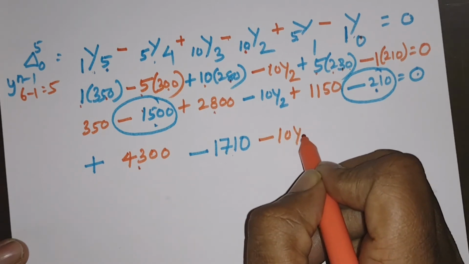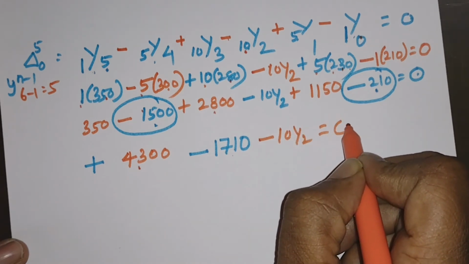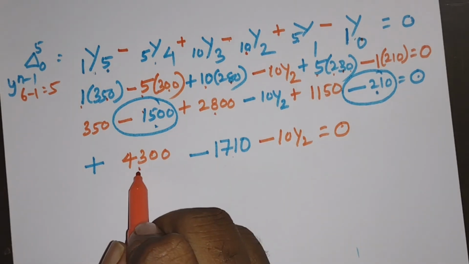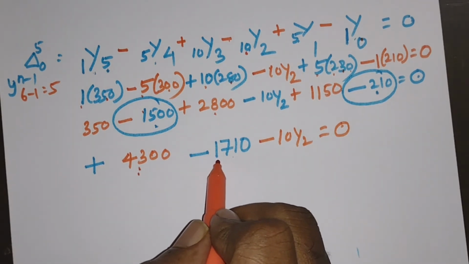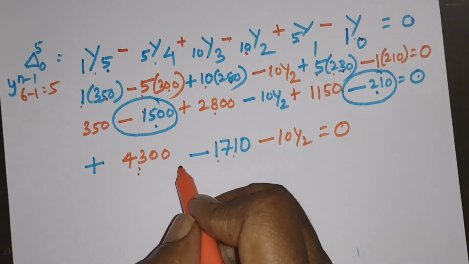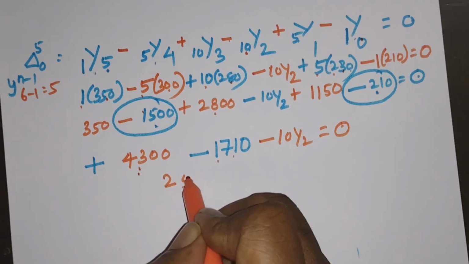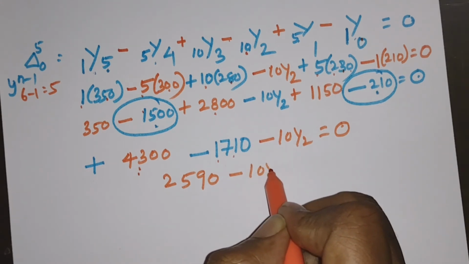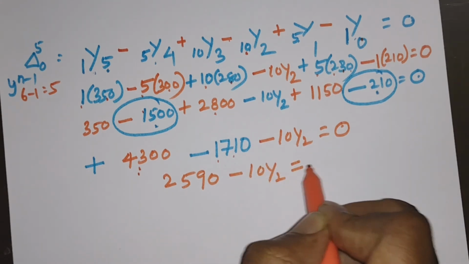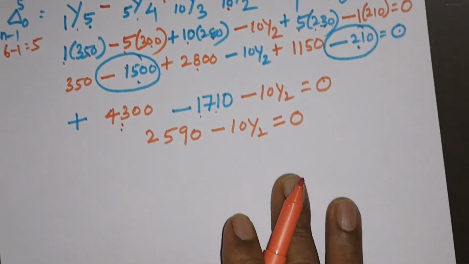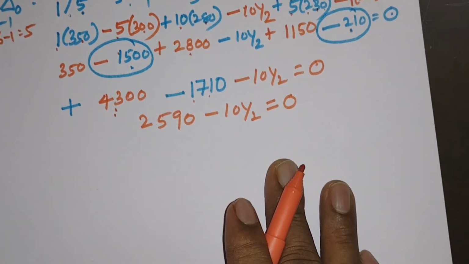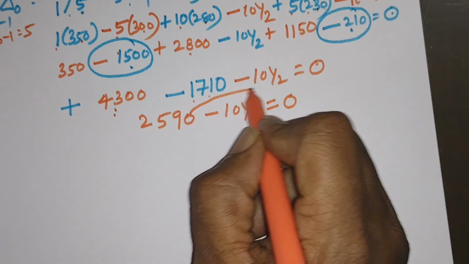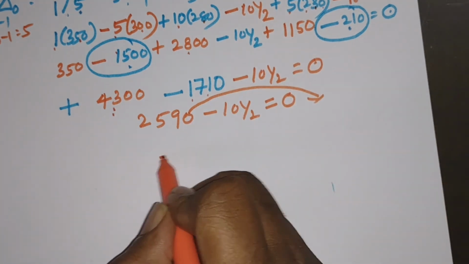Minus 10y2 is equal to 0. Then 4300 minus 1710, if you do that, 2590 minus 10y2 is equal to 0. Bring the known value to one side and the unknown value to the other side. Let me bring that known value to the other side.